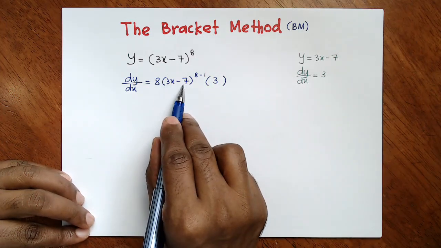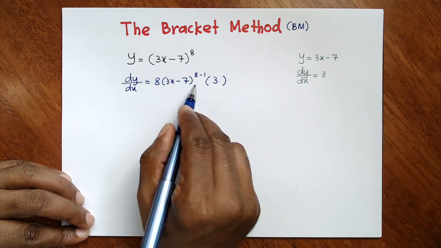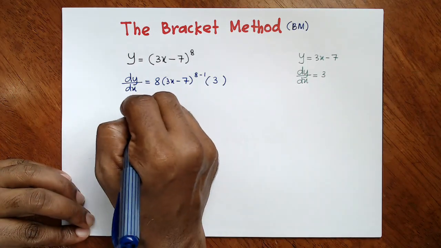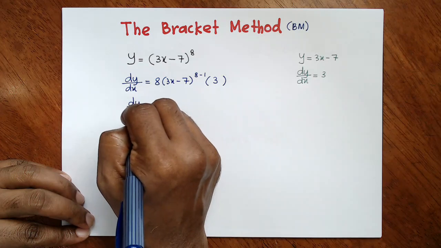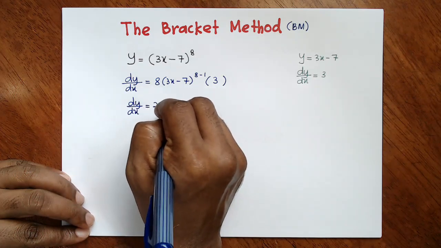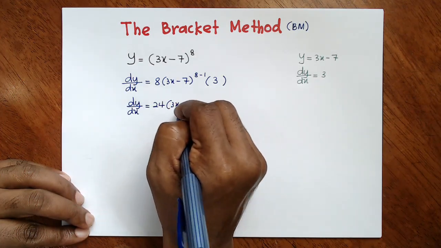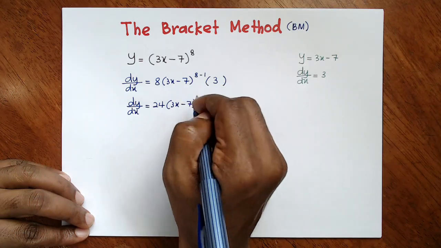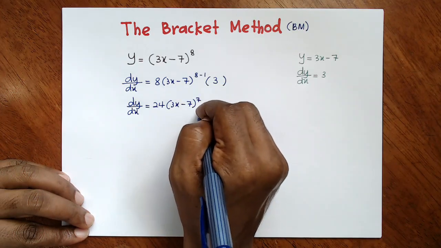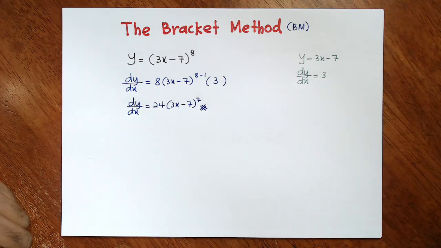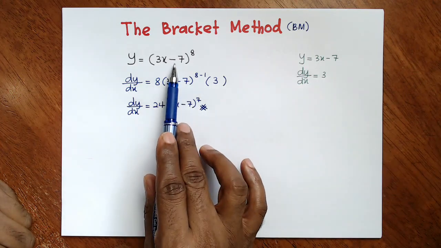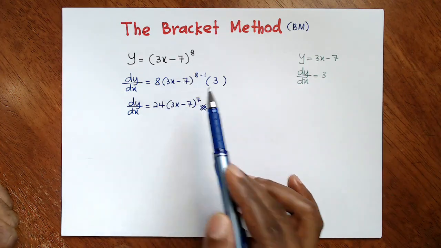What you get is dy/dx equals to 24(3x minus 7) to the power of 7. You see, you don't have to expand to do bracket method, right? So for questions that look like this and you cannot expand, this is the only way you can differentiate it, right?